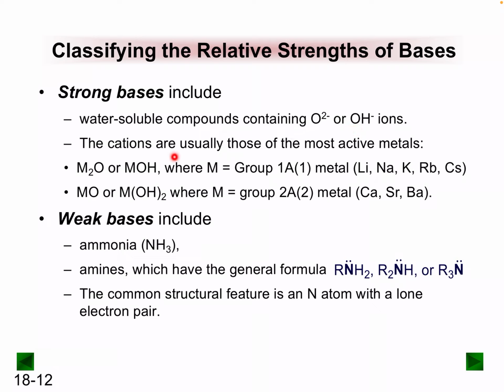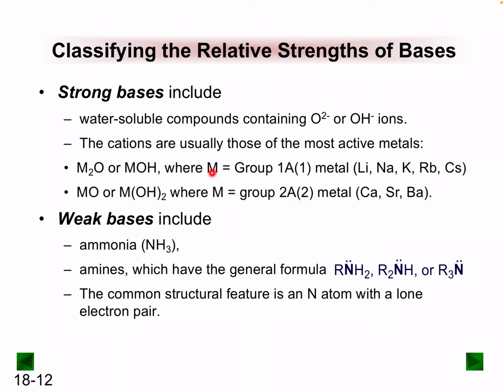The cations are usually those of the most active metals. Now in a base you need to have a cation, like when you say sodium hydroxide, right? So not all the hydroxides are going to be strong bases, but the cations coming from the most active metals. Most active metals are group 1A metals like lithium, sodium, potassium, rubidium, cesium.